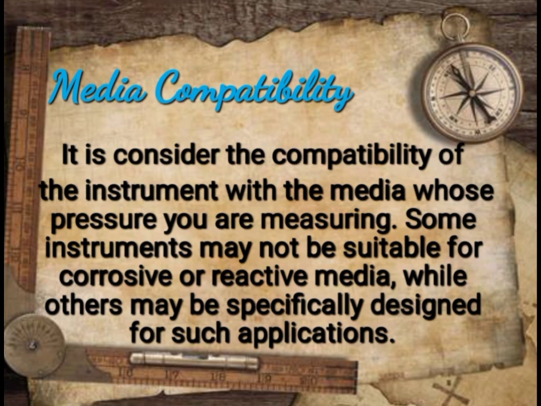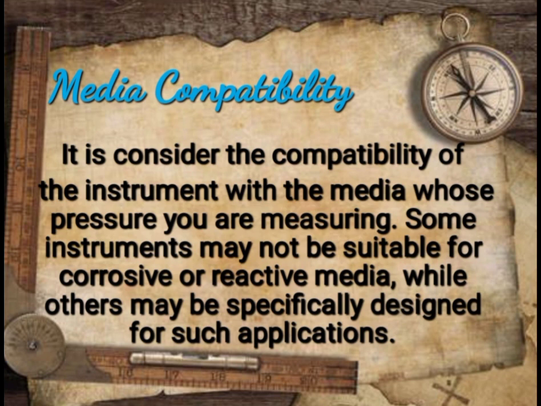Consider the compatibility of the instrument with the media whose pressure you are measuring. Some instruments may not be suitable for corrosive or reactive media, while others may be specifically designed for such applications.